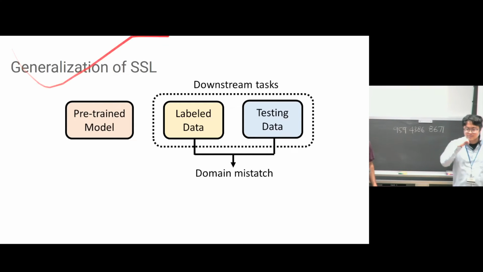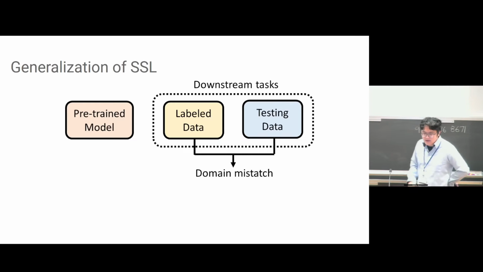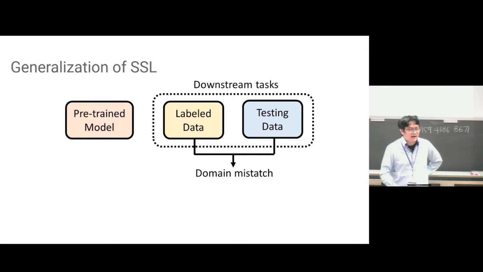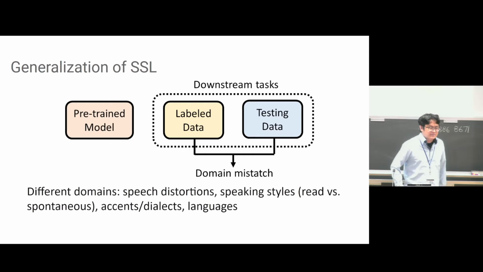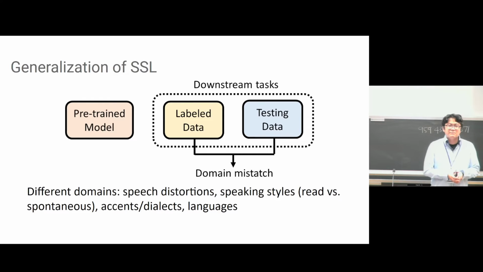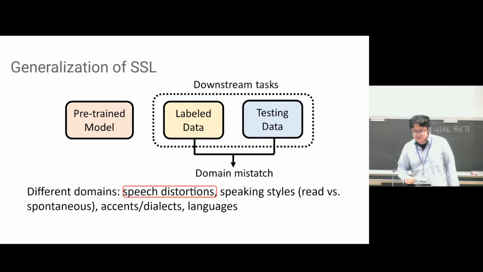Everyone knows that those self-supervised models are very powerful. But what would happen if in the downstream task, our labeled data and testing data have a mismatch? This frequently happens. Here, domain mismatch can mean very many different things, but here we consider speech distortion.